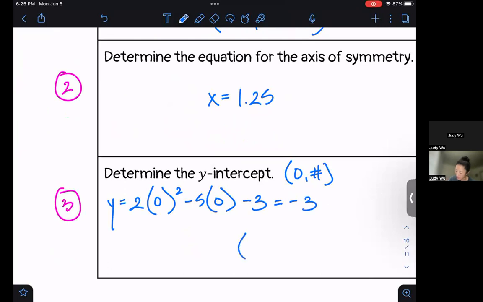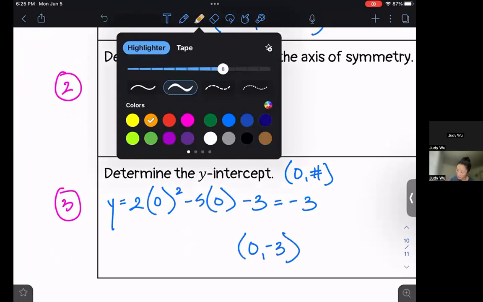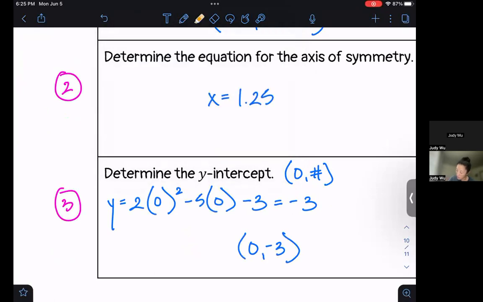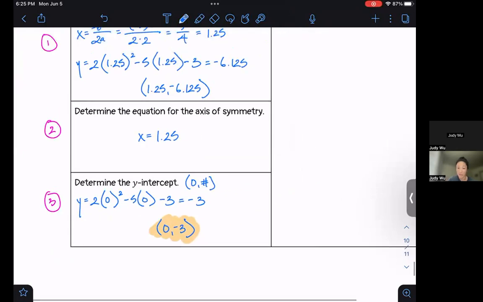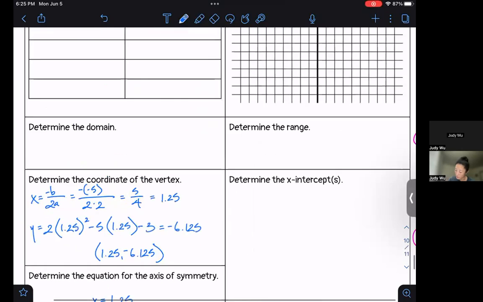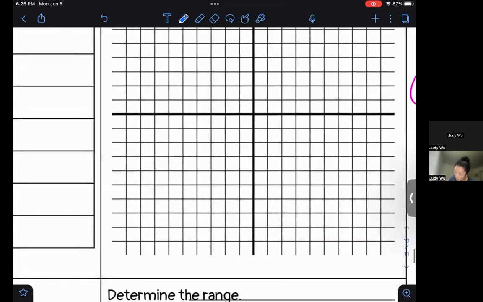Our intercept is 0, comma, -3, okay? And this is one nice whole number that I feel comfortable graphing on my grid, 0, comma, -3. I'm going to go ahead and pop that right on here, 0, comma, -3. Boop. That is my y-intercept.